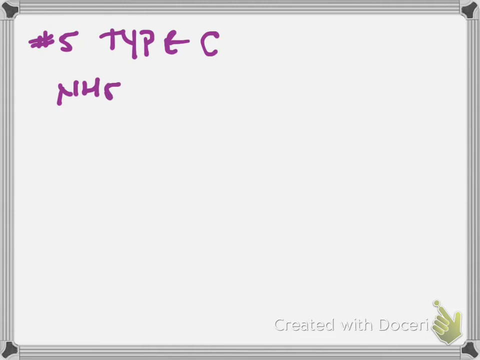Next question. Number 5 is a type C. Type C is really pretty easy, and most people got this one right, but you're given NH5 as your empirical formula, so find the formula mass of that, and the answer is 19 grams per mole. That's from the periodic table again. Now I take the number they gave me, which was the actual formula mass, which is a factor of some whole number bigger than this.